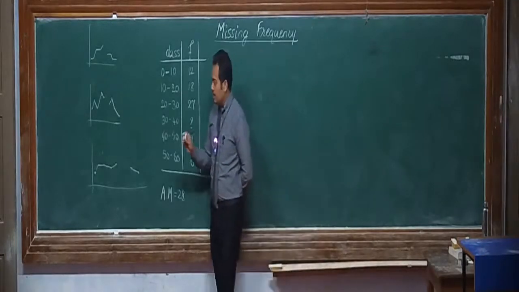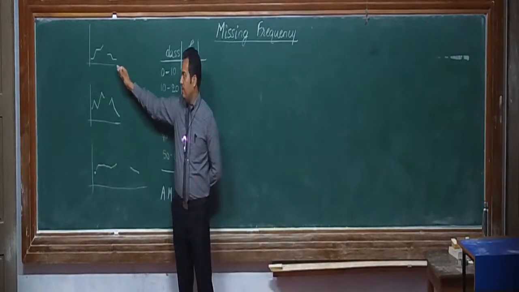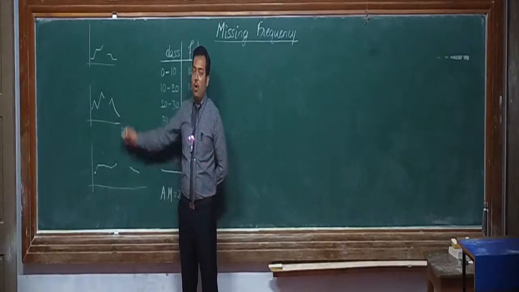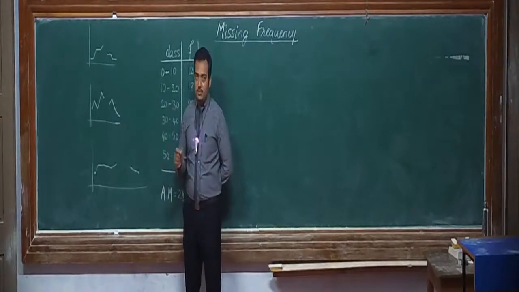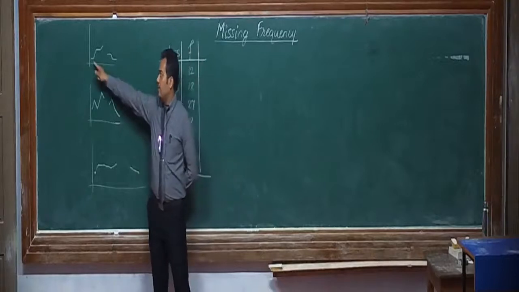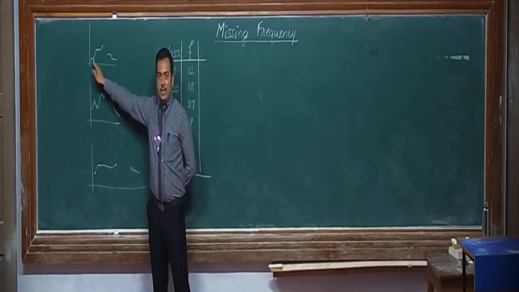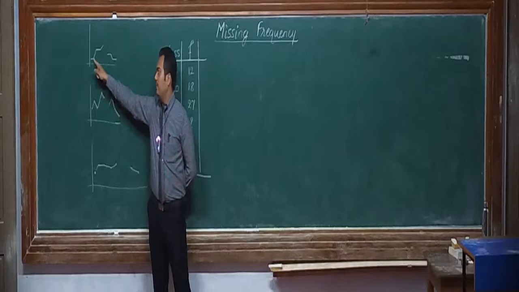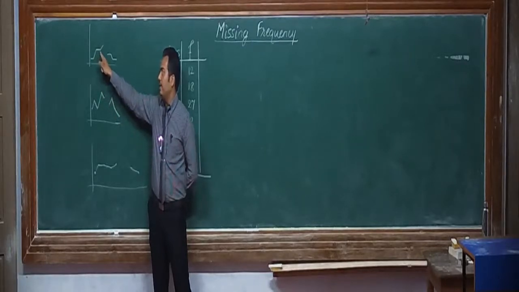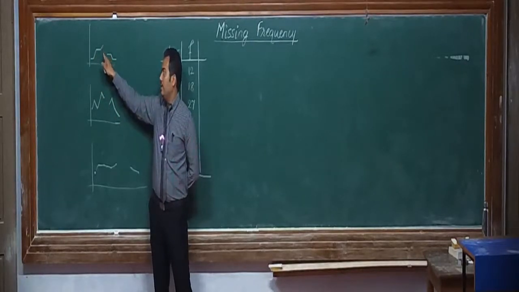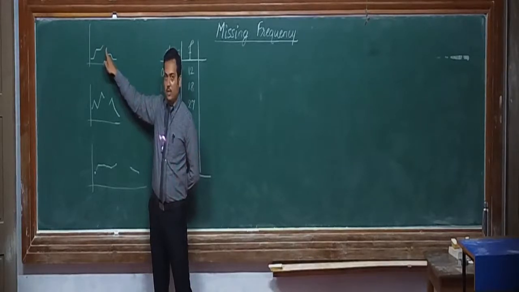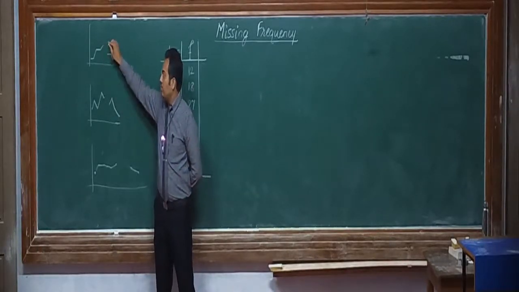Now look at these three things. Say these are the frequency graphs given, and from all three of them one value is missing. Now look at the first one. Here there is a steady frequency with no increment, then it increases, then again steady, then it increases. Then one value is missing here, and this value we need to find out.